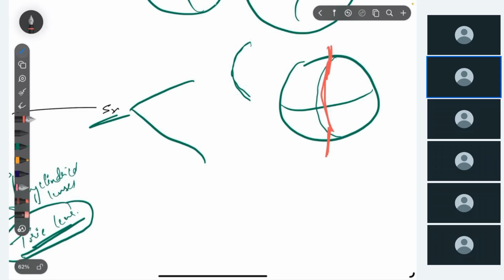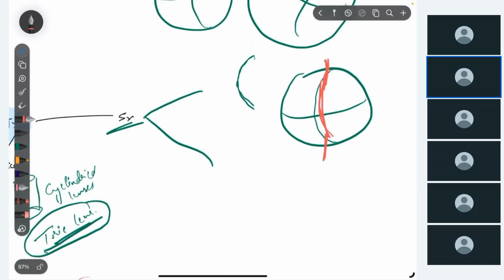The refractive error surgeries we have talked about for myopia and hypermetropia, the same you can do for astigmatism. That is, you can use laser, and you can do LASIK for correction of the increased curvature, or you can use photorefractive keratectomy.